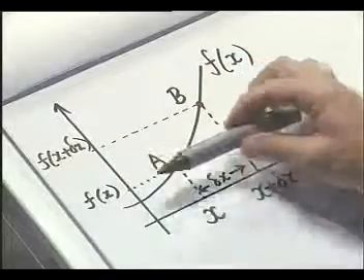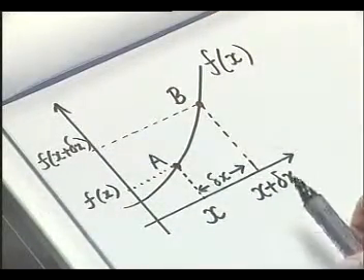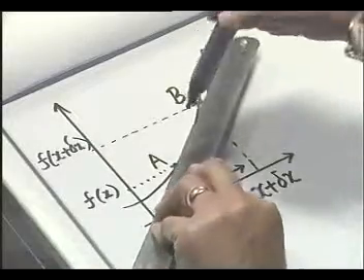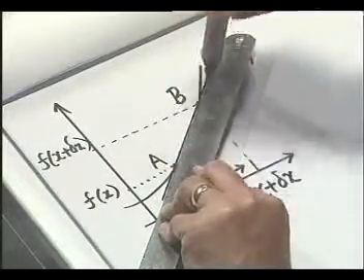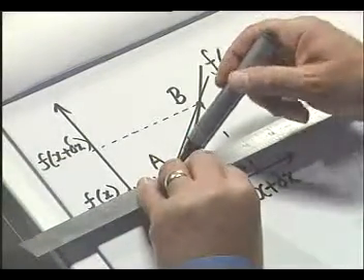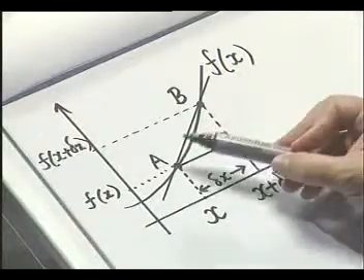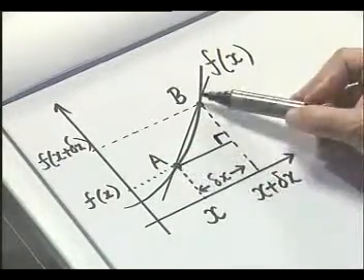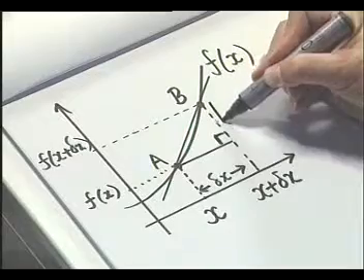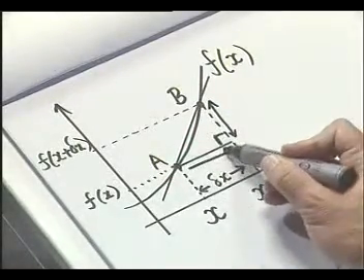Knowing all these values, f of x plus delta x, and x plus delta x, we can calculate the slope of the line through A and B. What's the slope of the line through A and B? Well, we do that by forming a little right-angled triangle in here, and then the slope of the line through A and B is this distance divided by this distance.